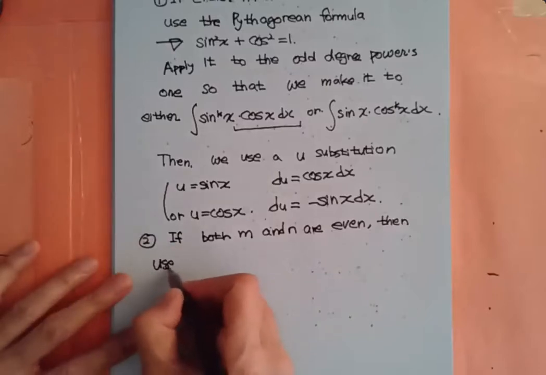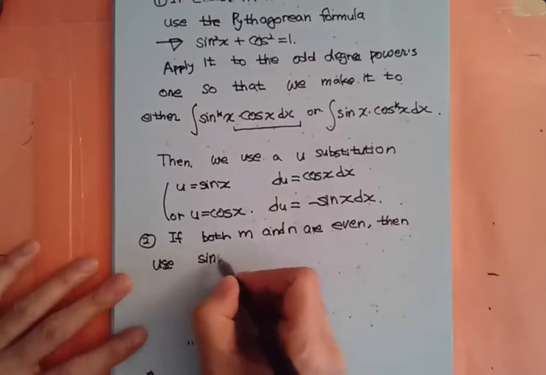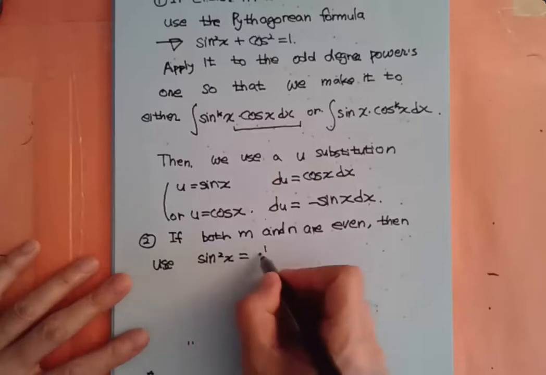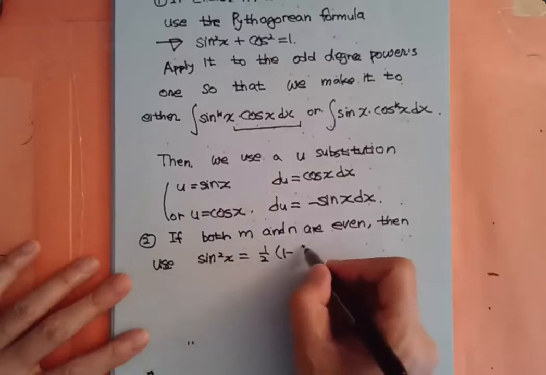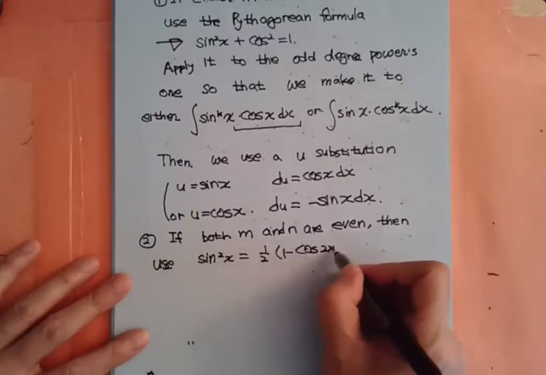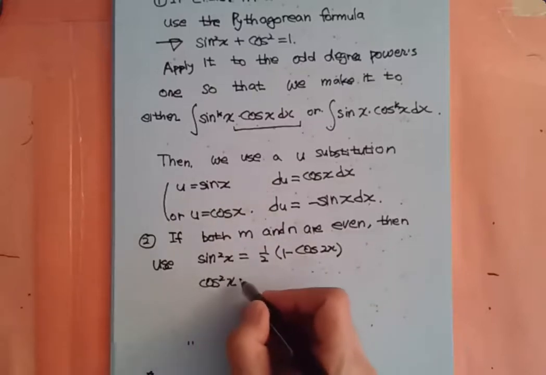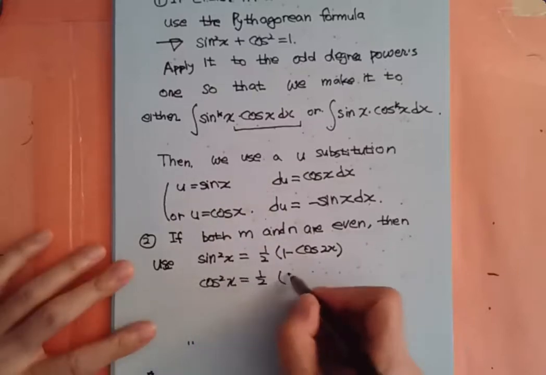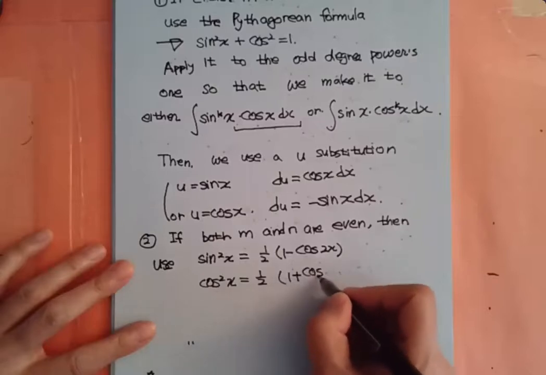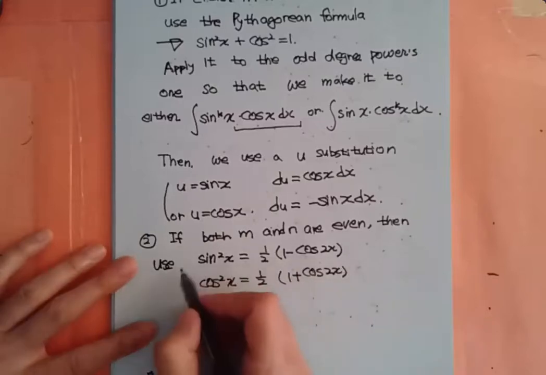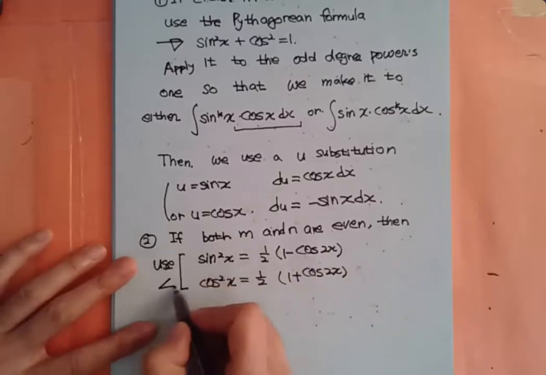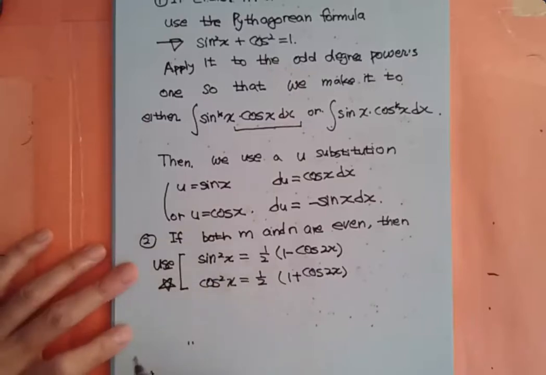So we will use sine squared of x equals 1 over 2 times 1 minus cosine of 2x, and cosine squared of x equals 1 over 2 times 1 plus cosine of 2x. Of course, this half angle formula must be remembered.